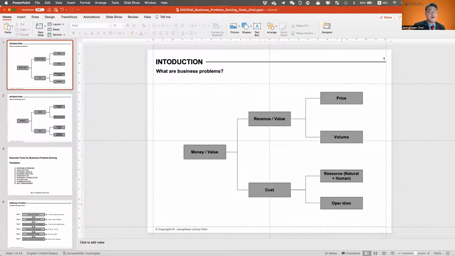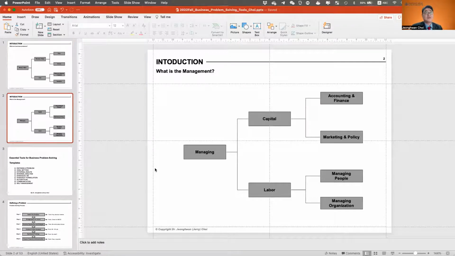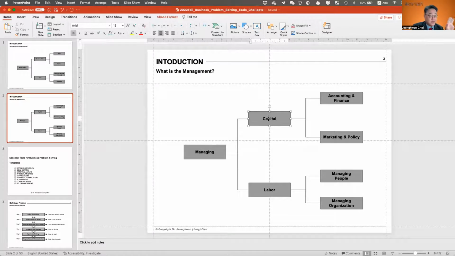If it is related to increasing revenue and decreasing cost, that's our problem. So how do we solve it? We manage only two things: money or people. Our great philosopher Karl Marx gave us a very important insight: economy is nothing but money and people.